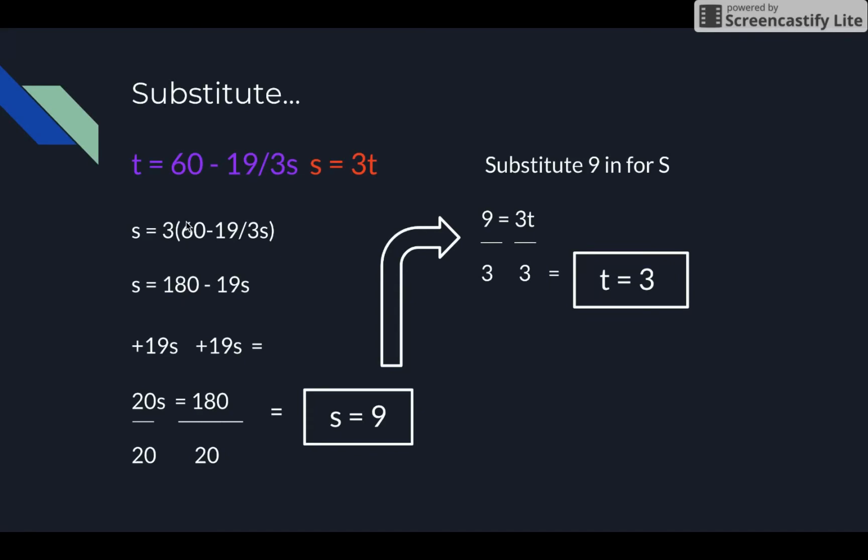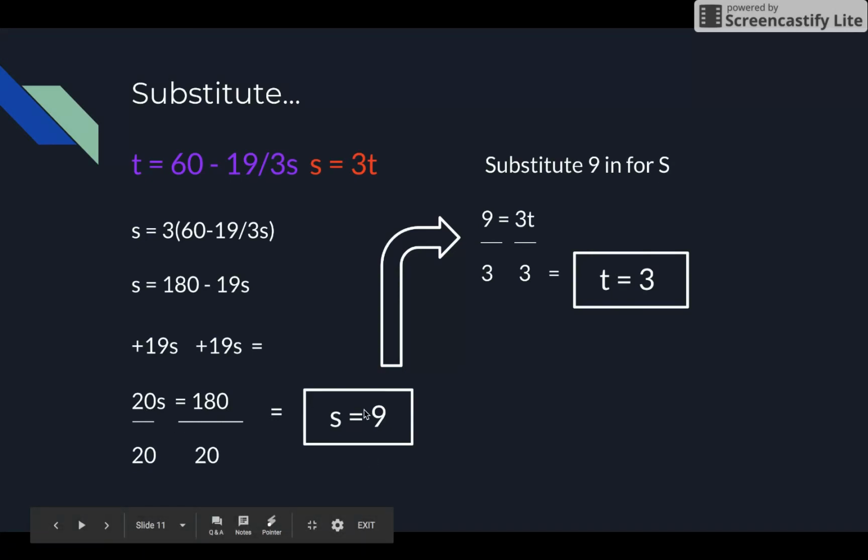I'm going to distribute the 3 into the parentheses, so s is equal to 180 minus 19s. Now we can add 19s to both sides of the equation, leaving us with 20s equals 180. We can then divide by 20 on each side to isolate s. This leaves us with s equals 9.